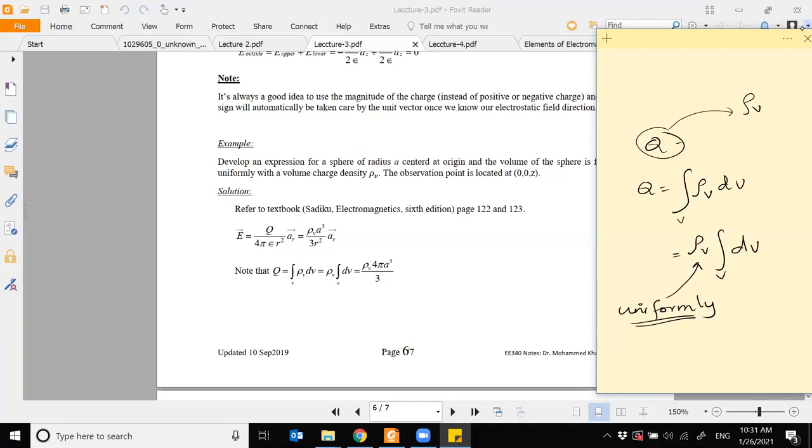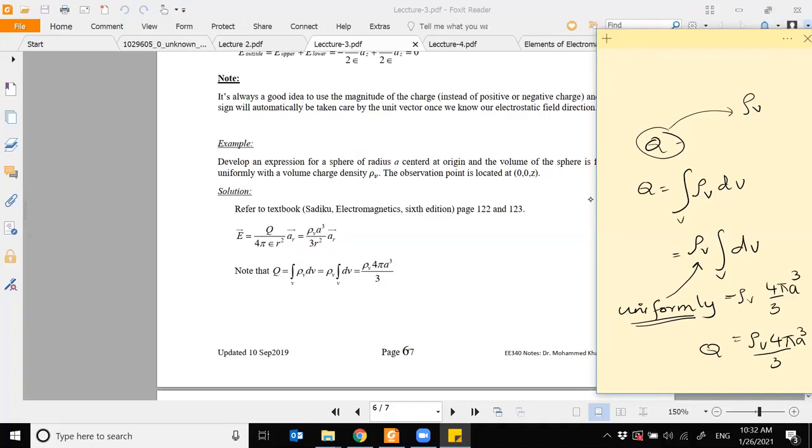Okay? And what is the volume of your sphere, the integral over the volume dV? It is 4 by 3 pi r cube, where r is whatever radius, so 4 by 3 pi a cube. So this is rho v times 4 by 3 pi a cube.